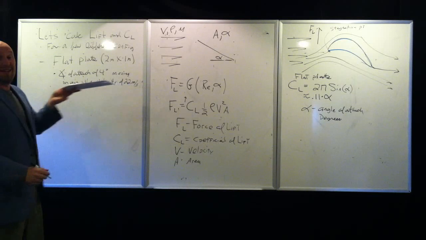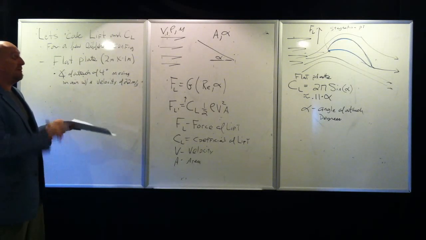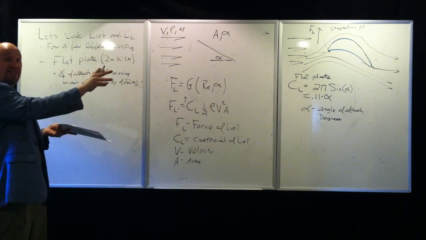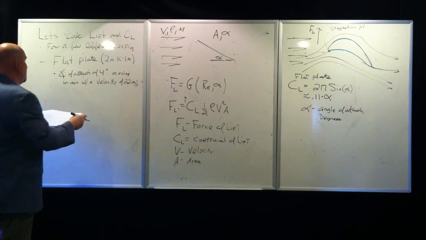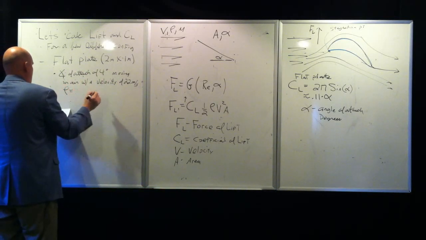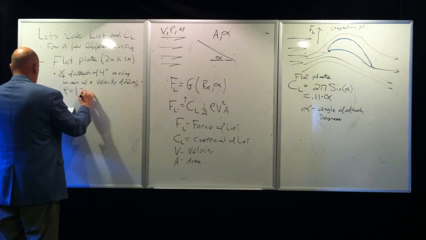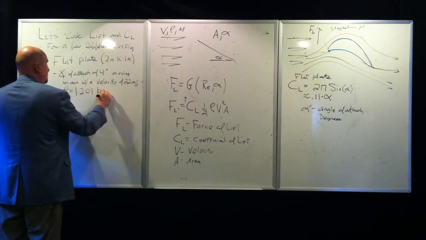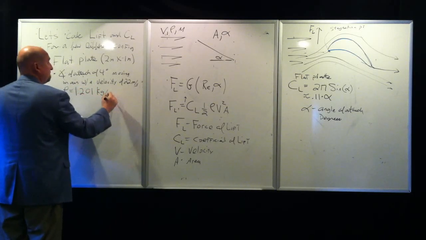It's either moving relative to the air at 22 meters per second, or air is blowing over it with a free stream velocity of 22 meters per second. And the density of the air is going to be 1.201 kilograms per meter cubed.